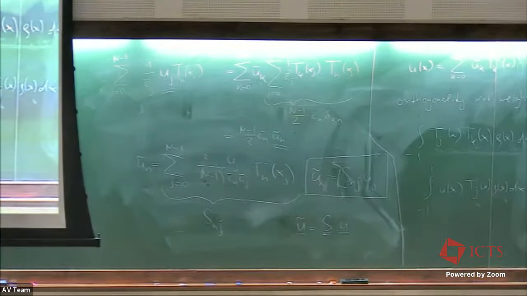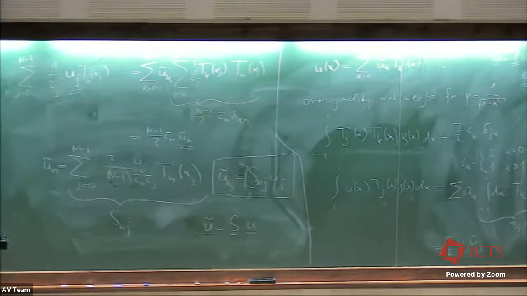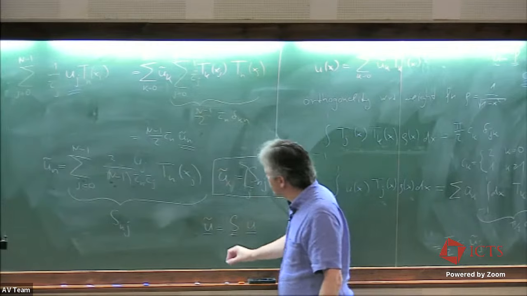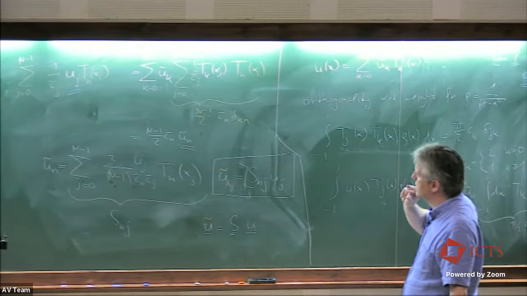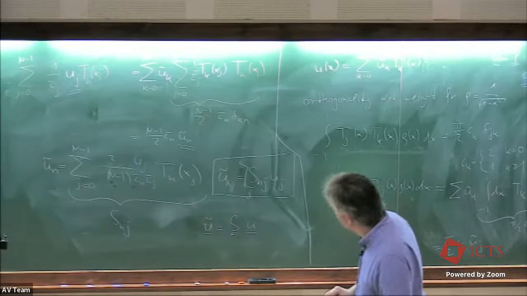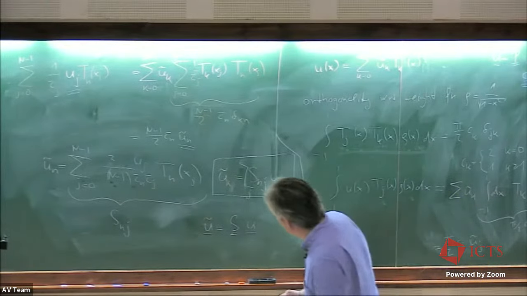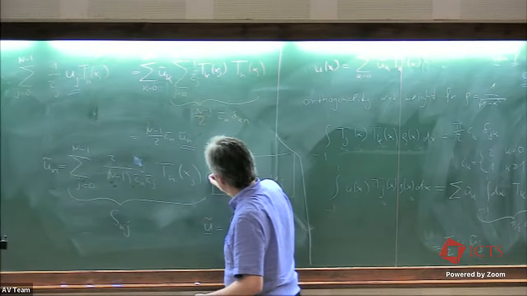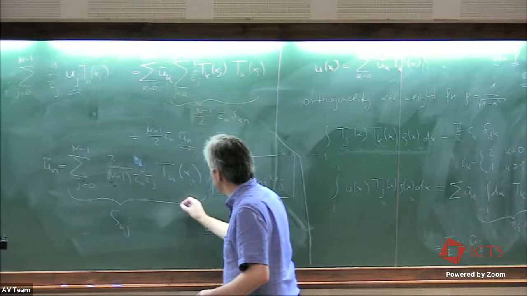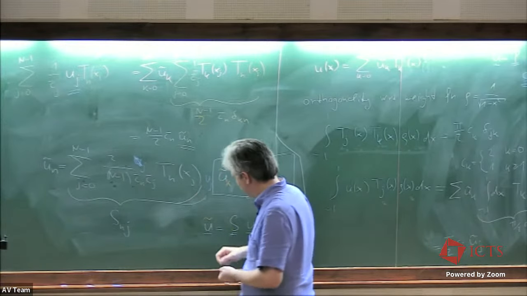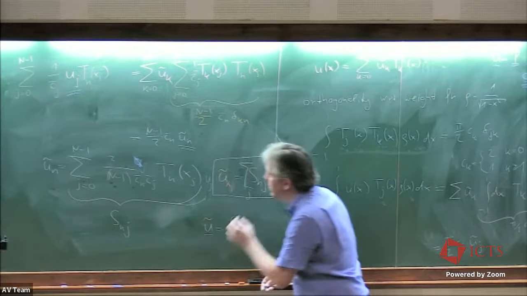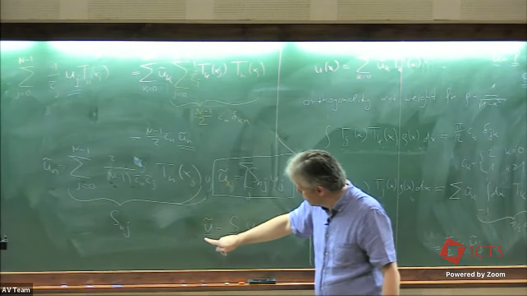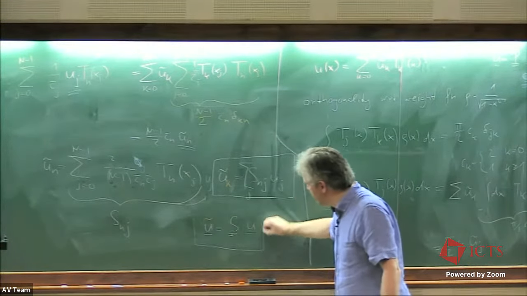Okay, so we now have 2/3 of the puzzle in place. I need to move the u_j again, because this u_j is not part of my matrix. It's outside the matrix. We know the matrices that get us from real space values to coefficients.